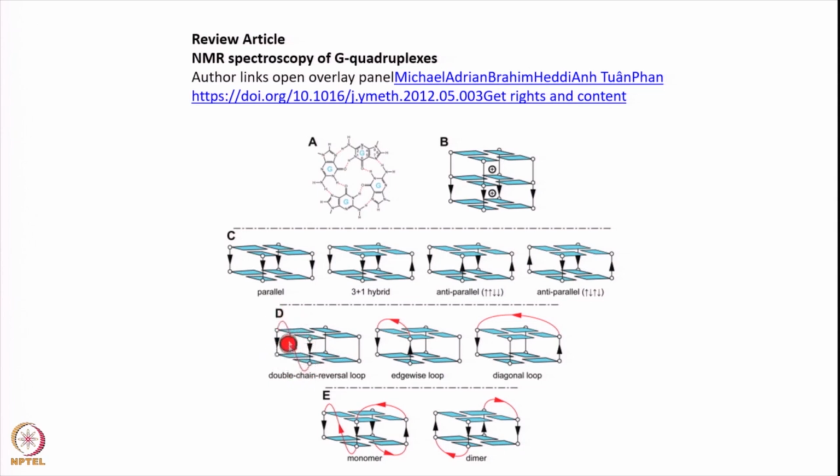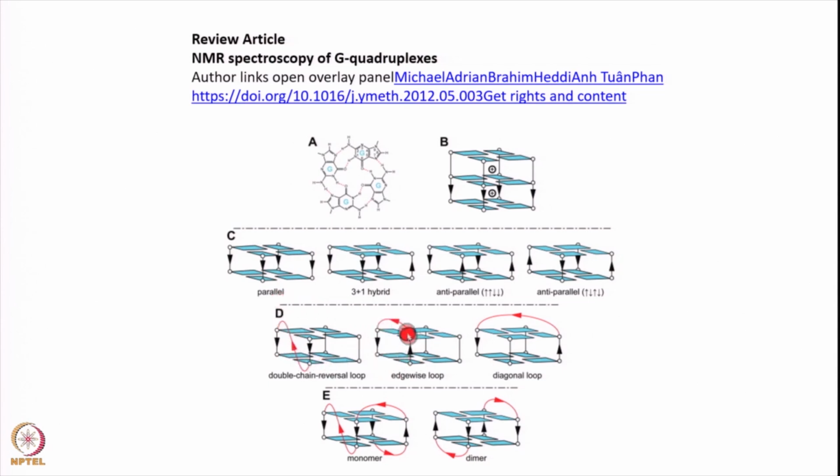What is present in this loop area? They are not G's, they may be some other nucleotides like the T's or the C's. When they are present, the chain can run like this, double chain, then there is a loop, and these are put in place there, and then it can form a tetrad like this. Now if these are going parallel, this is the turn it has to take.